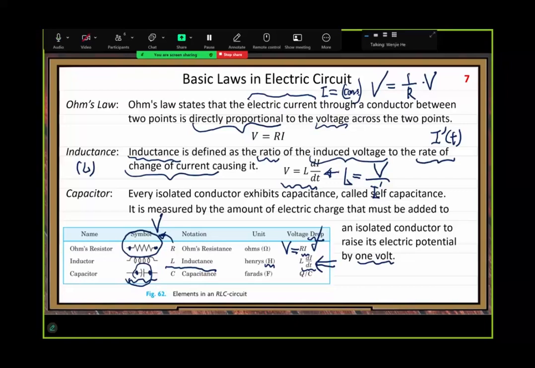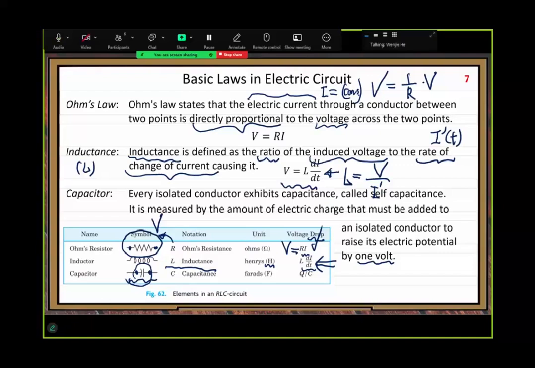So how do we measure capacitance? We need a unit, right? We need to define a unit for the amount of capacitance. That unit is defined in this way.